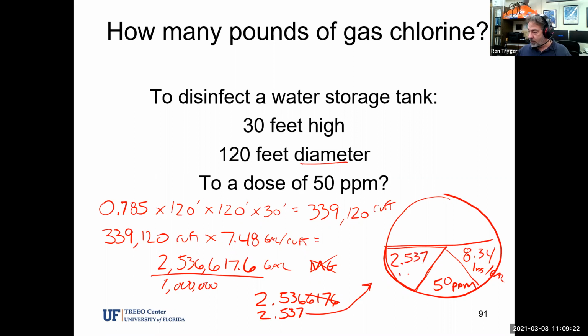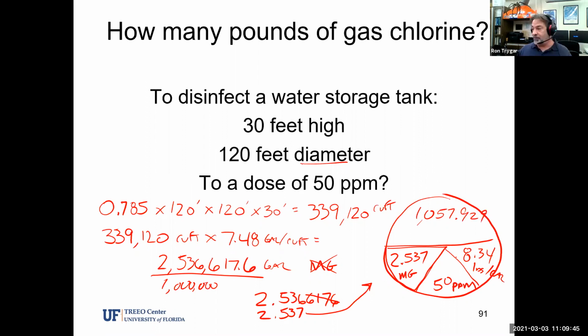2.537 million gallons. And now we just do our pounds formula. 2.537 times 50 times 8.34. And I came up with 1,057.929 pounds of chemical.